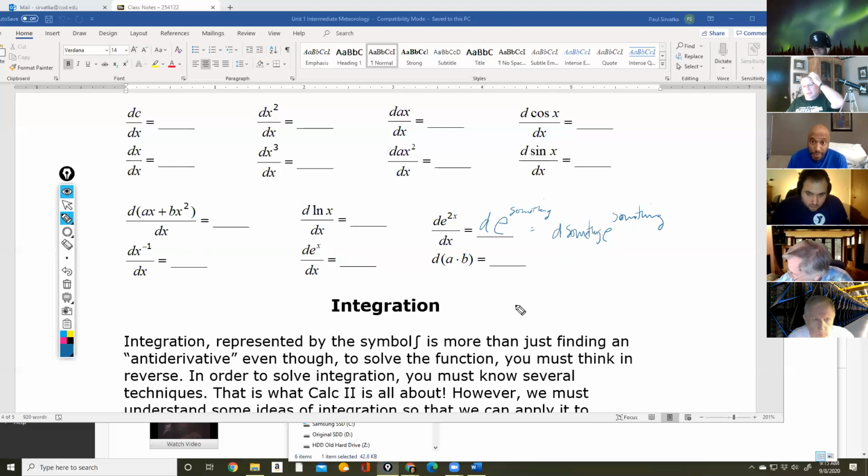Maybe that's a better way to think about it. The derivative of e to something is always e to something times the derivative of that something.